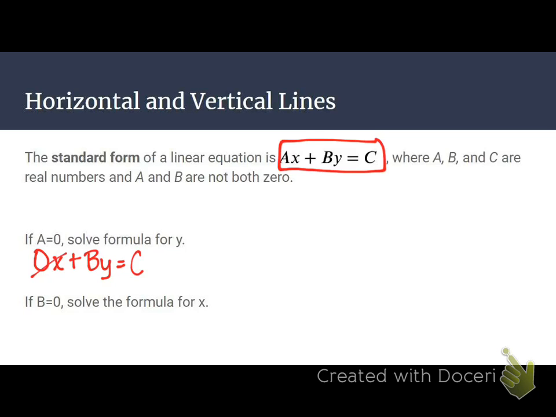So that goes away, and we're left with by equals c. If I wanted y to be all alone, what would I have to do? Not divide by y, and not multiply by y. We want y to stay where it is. Divide by b.